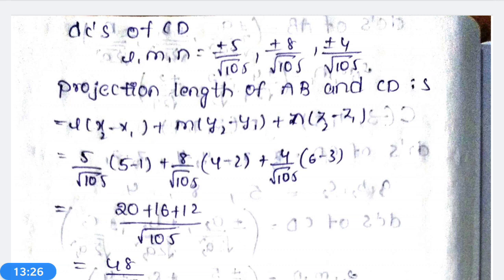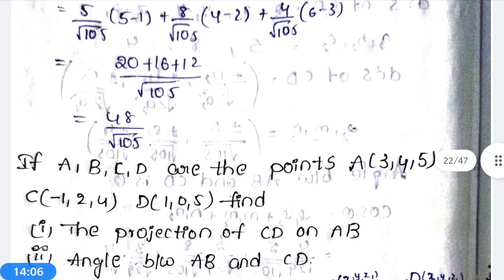What are L, M, N? 5 by root 105, 8 by root 105, 4 by root 105. And x1, y1, z1 and x2, y2, z2 are 1, 2, 3 and 5, 4, 6. So projection length of AB on CD is 5 by root 105 into 5 minus 1 plus 8 by root 105 into 4 minus 2 plus 4 by root 105 into 6 minus 3, equal to 48 by root 105. So projection length of AB on CD is 48 by root 105.